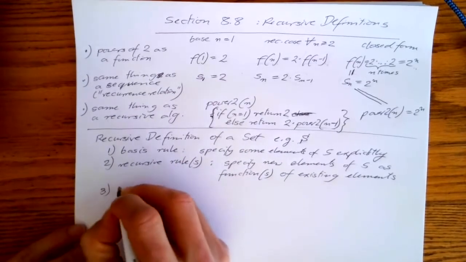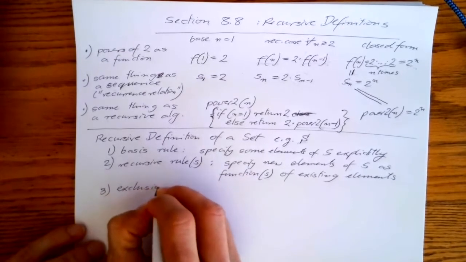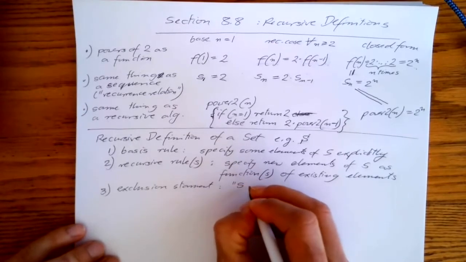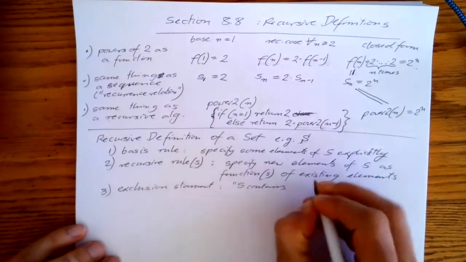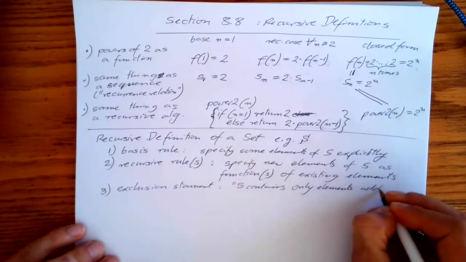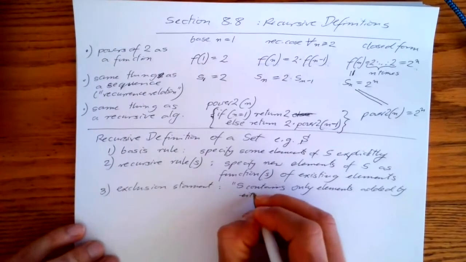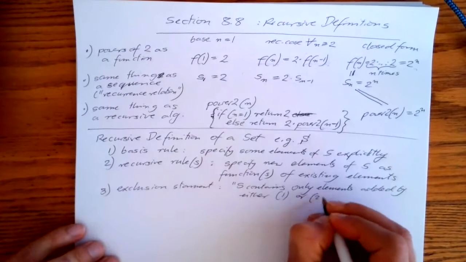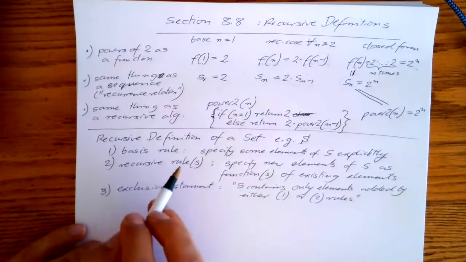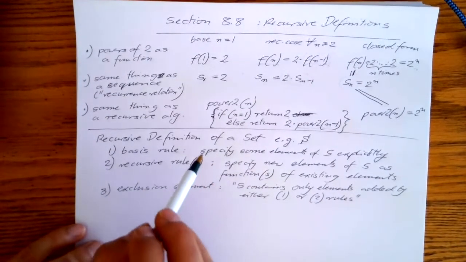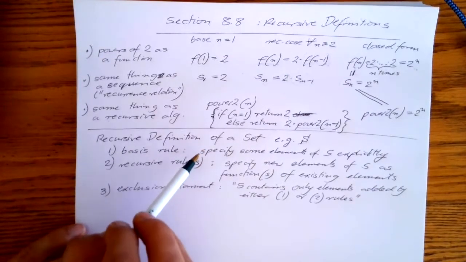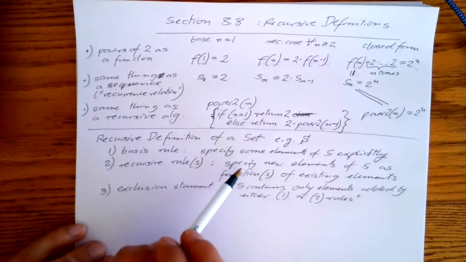And there is also, formally, something you need called the exclusion statement, which is always the same. It just says S contains only elements added by either rule 1 or 2. Okay, so you see, this means you add some elements to the set, and this means that if some element is in the set, then so is some other.